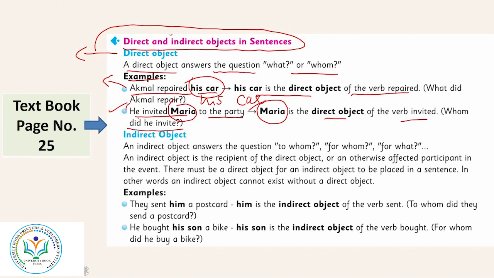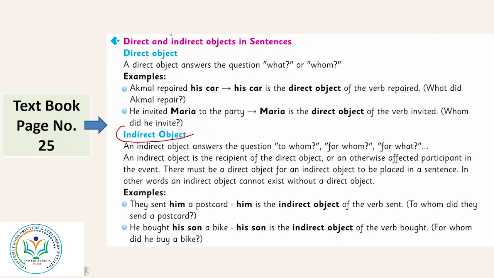Here the subject is he, and invited is the action. On whom is the action done? On Maria. An object can be a thing, a person or an animal. It can be anything, but it depends upon the sentence and the context in which we are talking.